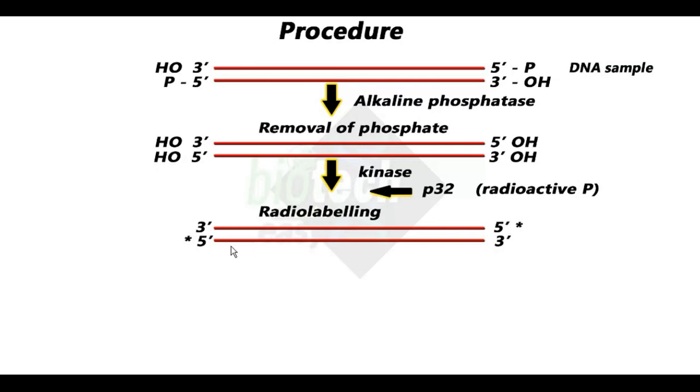Phosphorus is present at the 5' end, and here you see you have already removed the phosphate from the 5' end. Instead of that normal phosphorus, the radioisotope will be added. So both 5' ends now have the phosphorus which is radioactively labeled, and I have shown this radioactivity by the asterisk.